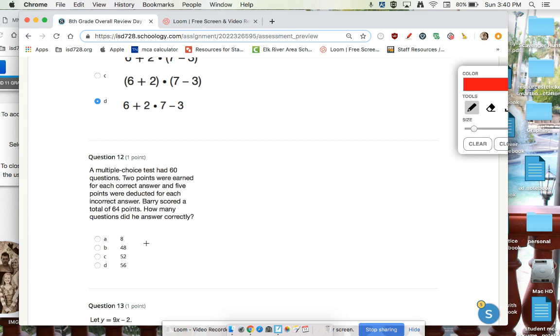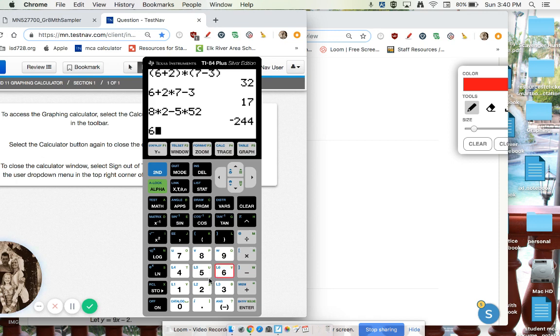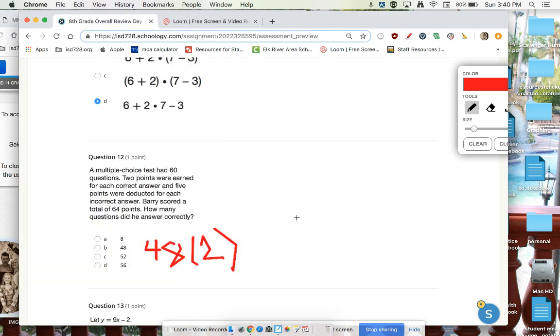Okay, so then I have 48. If he got 48 right, it would be 48 times 2 for each point he got right. And then if he got 48 right out of 60, wouldn't he have 12 wrong? Let's just go 60, take away the 48 he got right, would be 12, yeah. So take away 12 times each one was 5 points he got wrong.